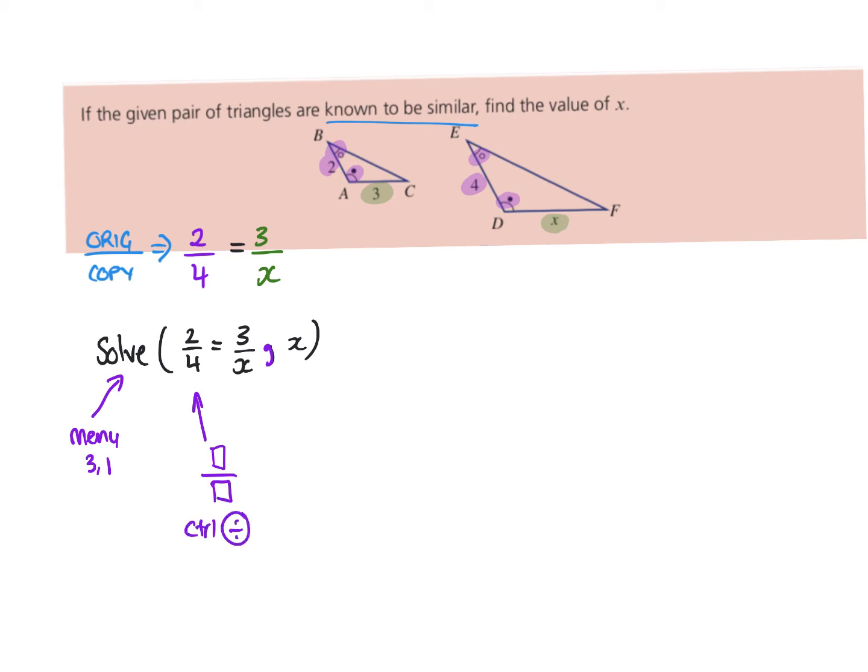Okay? Good. So we can see that x is 6. Someone said they could see that this was times by 2, so they times that by 2, so we got 6. Yeah, that's easy, but what if it's a fraction, it's not gone up by the same, it gets a little bit hard? This solve and making each one equal each other will work for everything. So if it's a little bit harder, just do it like this.